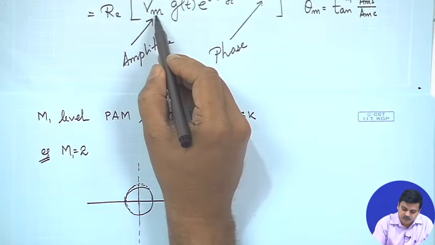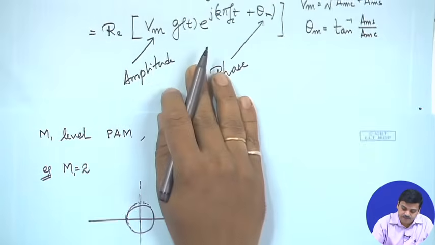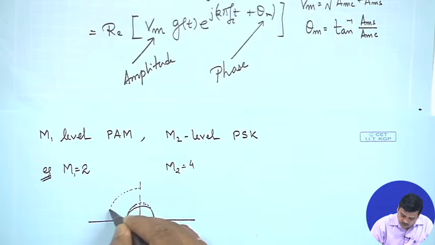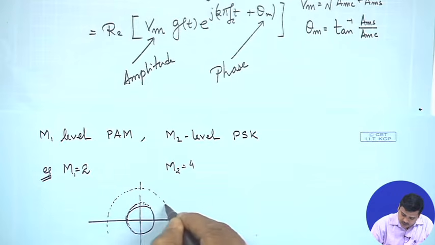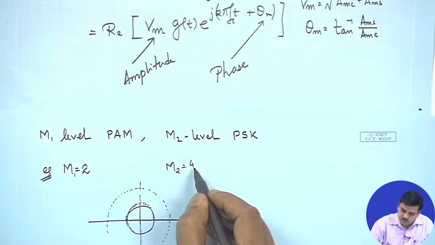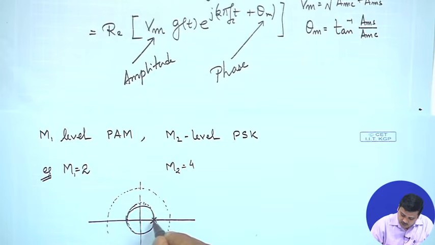Going by this, there is a certain radius, V_m, and there is another amplitude which covers another radius, right. And now we have four phases. We have discussed four possible phases.